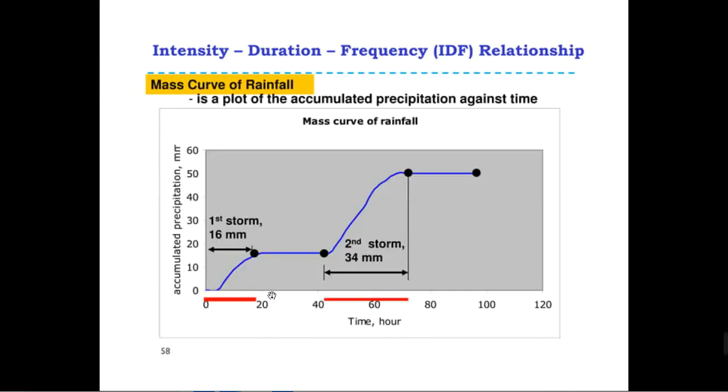The accumulated precipitation is in millimeters. The first storm is 60 millimeters, the second storm 34 millimeters.